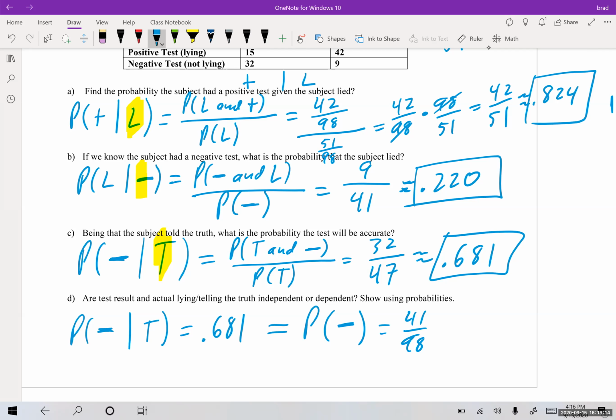41 divided by 98, and we get 0.418-ish, which is obviously not equal. This does not equal that.